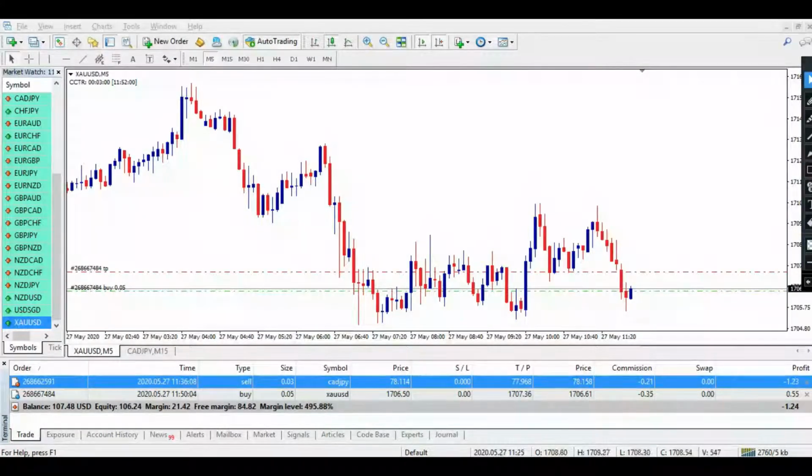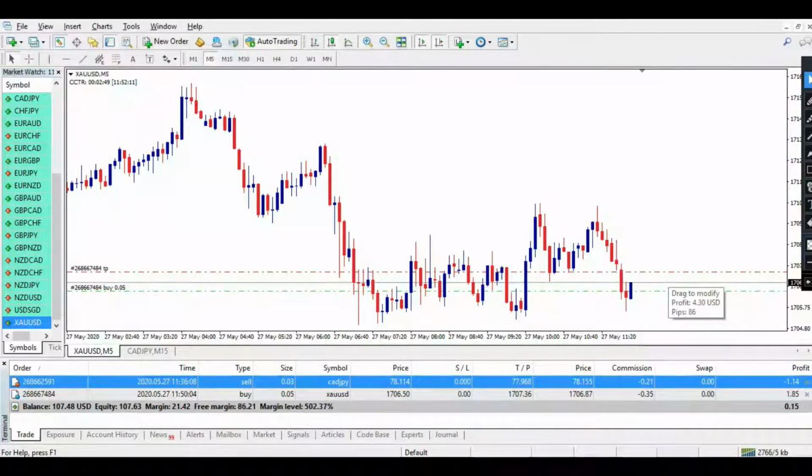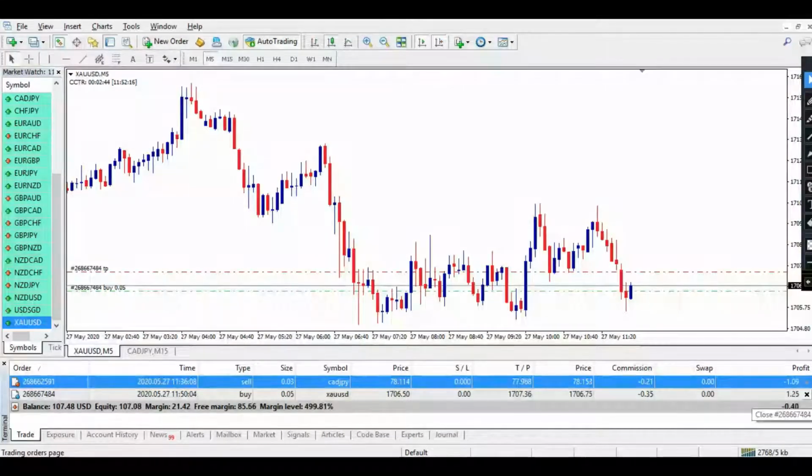As per the 5-minute chart, I have placed my take profit in this area, which will be a total of 8 pips. I have to be very quick on this, because within a couple of seconds it moved very fast.